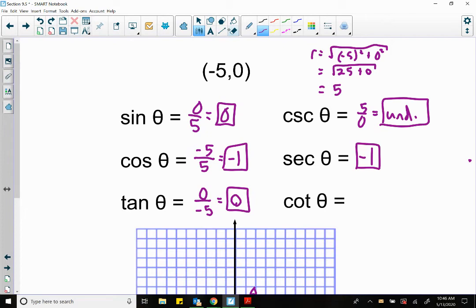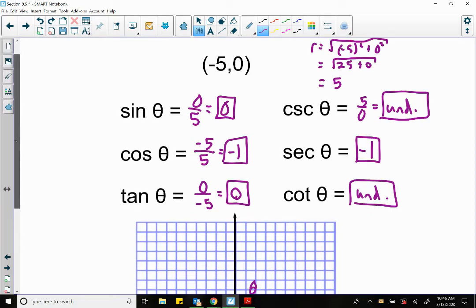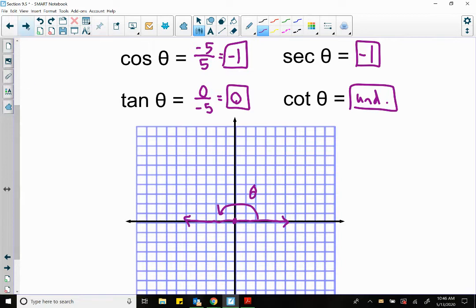Because all you're going to end up doing is putting 5 over a -5, and that's still -1. And then again, reciprocal of 0, undefined. Okay? There you go. Again, nothing crazy. You've already done all this information before. This is not new.